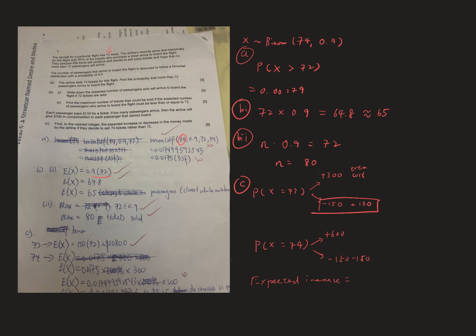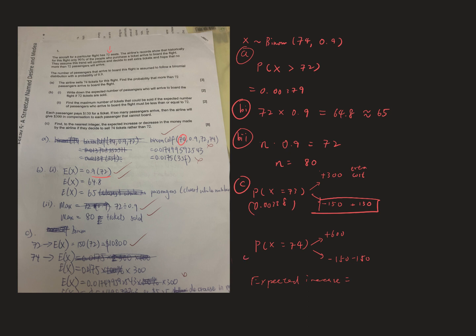For the probability of X equal to 73, the answer is binomial PDF with 74, 0.9, and the X value should be 73. This is 0.00338. For the next one, binomial PDF again with 74, and the X value should be 74 this time.